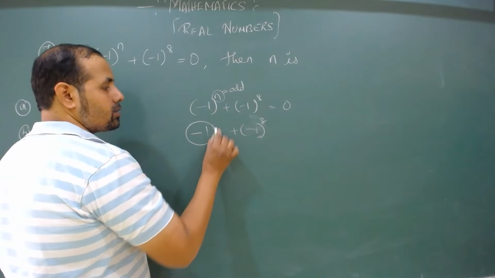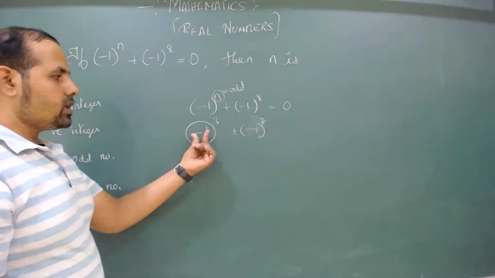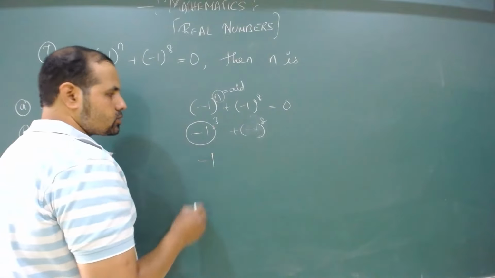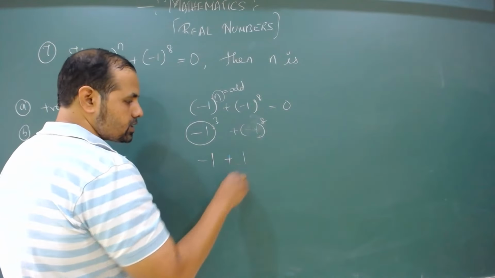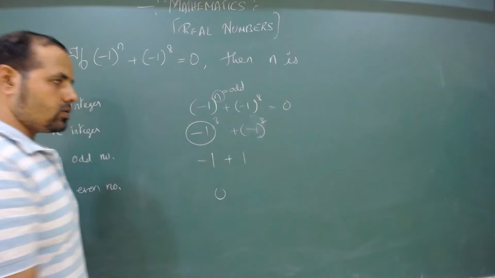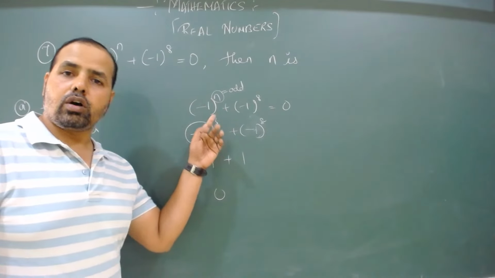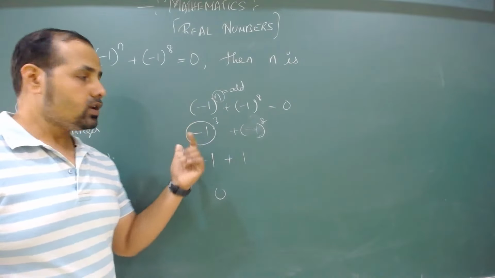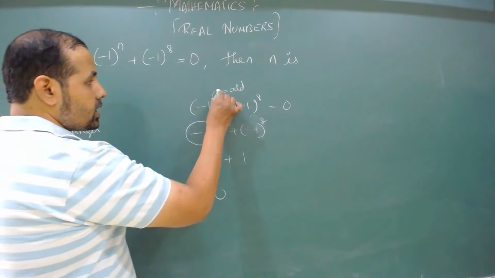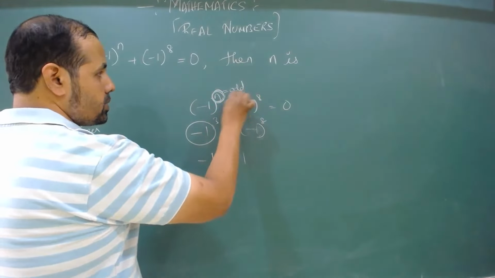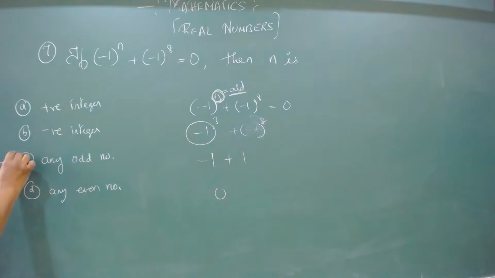If I take an odd number 3, (-1)^3 is minus 1. Plus (-1)^8, which is plus 1. You can check even with 1 or 5 or 7 or 9, this always will end up as negative. Therefore, n should be any odd number. Any odd number is the right option.